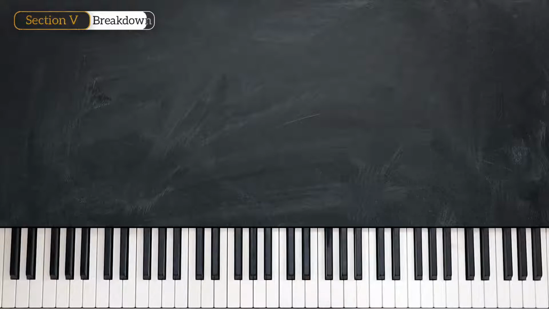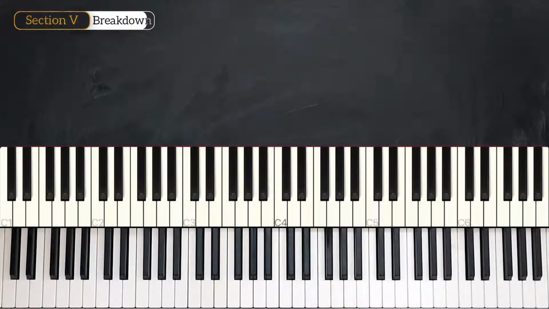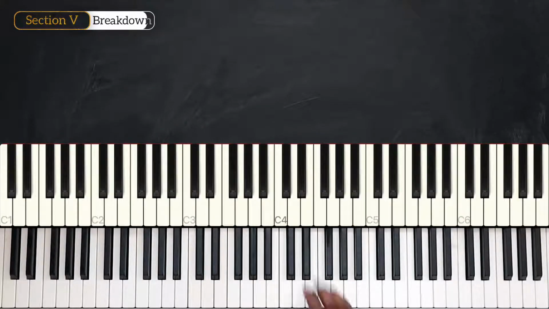Now let's play the same progression we had earlier and use inversions. So we had C, G, A minor, and F. 1, 5, 6, 4. Using inversions, we can play the same progression like this.